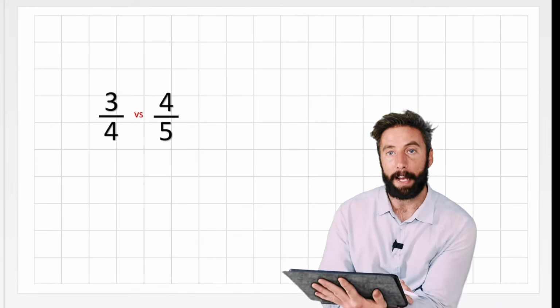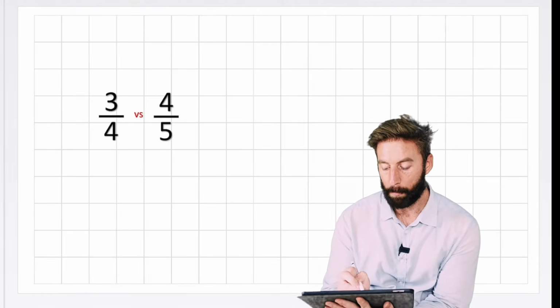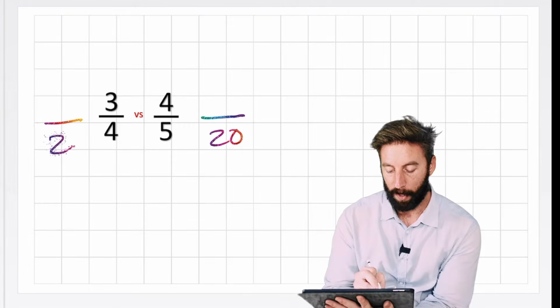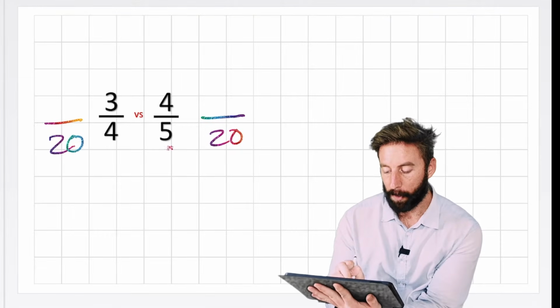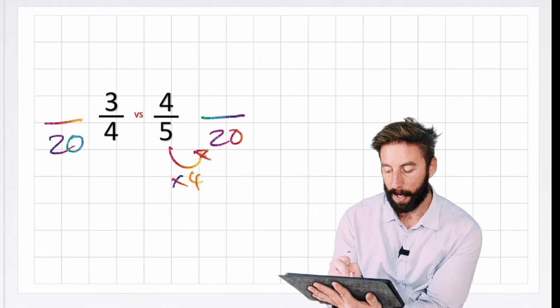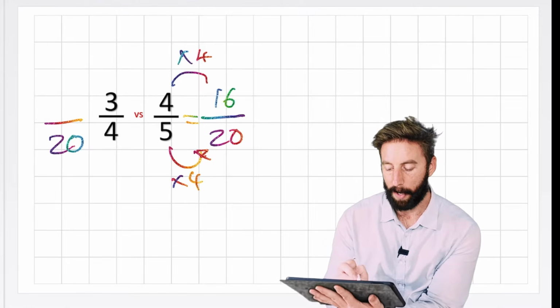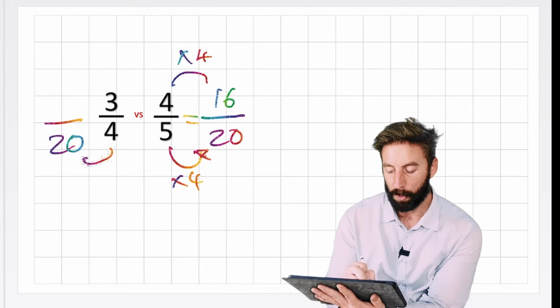So now I'm going to make equivalent fractions for both of these, but with the denominator 20. Well, how did I get from 5 to 20? I have to multiply by 4, so therefore I have to do the same thing to my numerator. So 4 times 4 is 16. So 4/5 is equivalent to 16/20. Well, how did I get from 4 to 20 on this side?